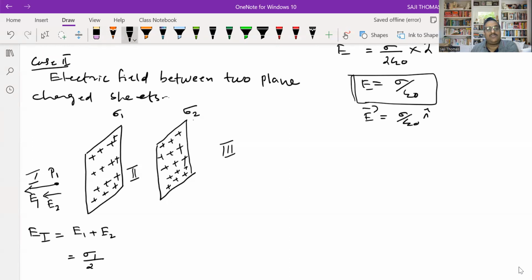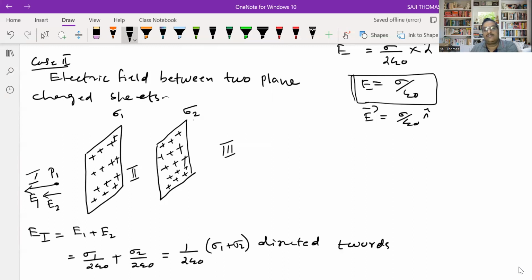Sigma 1 by 2 epsilon 0 plus sigma 2 by 2 epsilon 0. This is 1 by 2 epsilon 0 into sigma 1 plus sigma 2. What is the direction? Directed towards left. So this is the electric field on the left side.